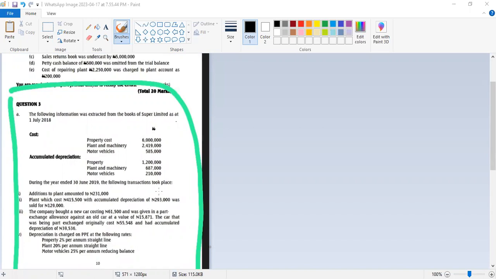Then in note 2, the plant cost is just a disposal, so there's no addition. Then note 3, the company bought a new car costing 61,500. So we'll be adding that to the assets. I think that's just the addition we have, so don't forget the figures when we need them.